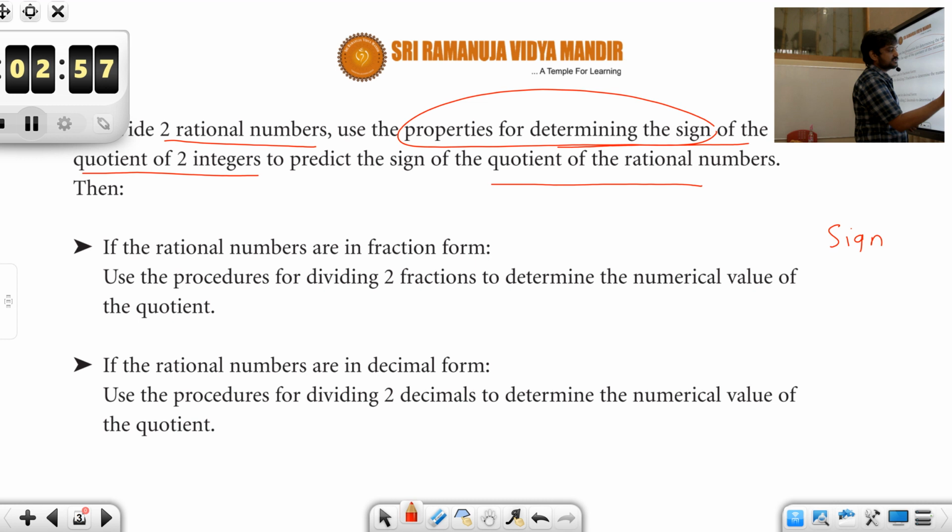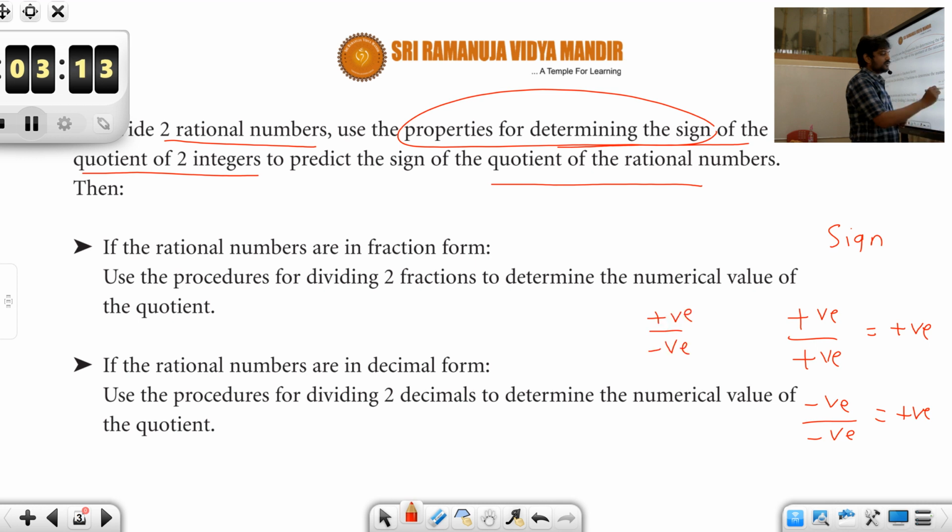If you divide a positive number by a positive number, the answer would be positive. If you divide a negative number by a negative number, again the answer is positive. Whereas if you divide a positive number by a negative number or a negative number by a positive number, in both these cases the result is going to be negative.